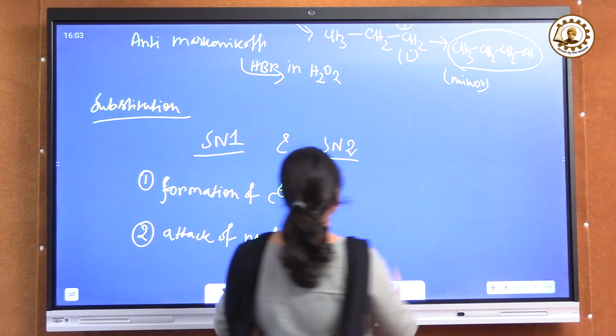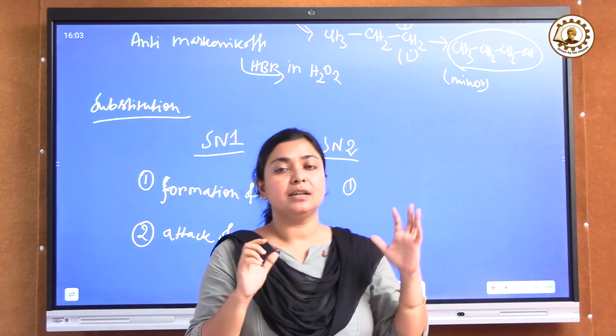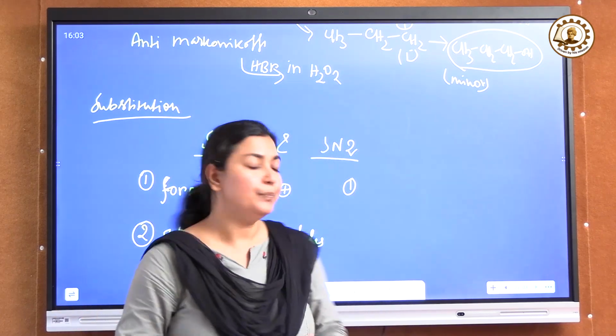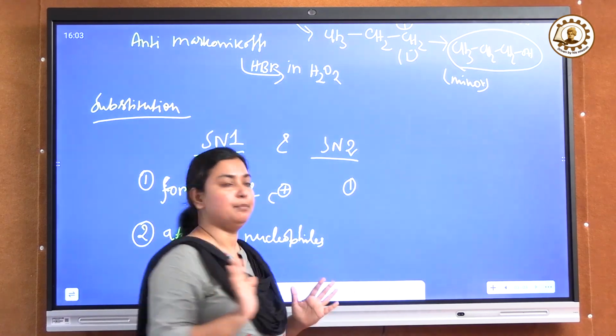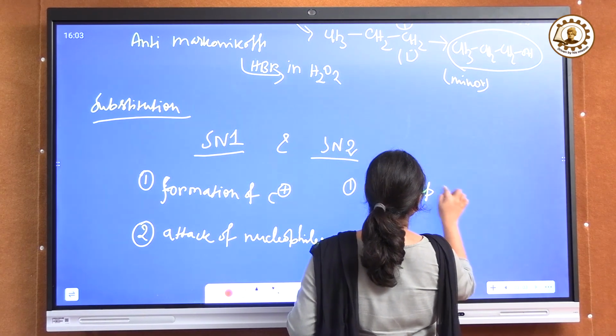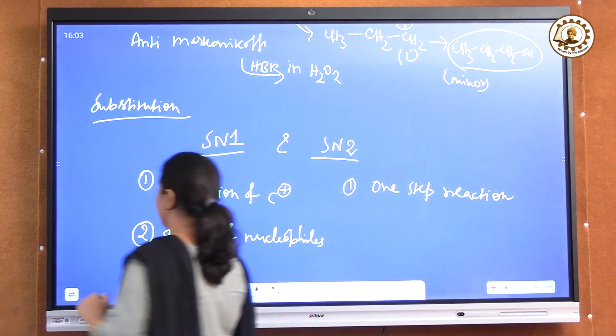While in SN2 there is only one step. That means in SN2 the attack of the nucleophile and the departure of the leaving group are both happening at the very same time. It is a one-step reaction.